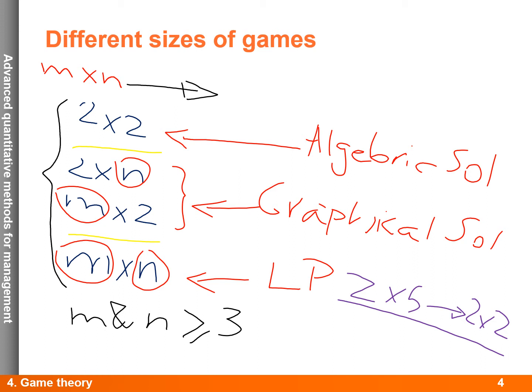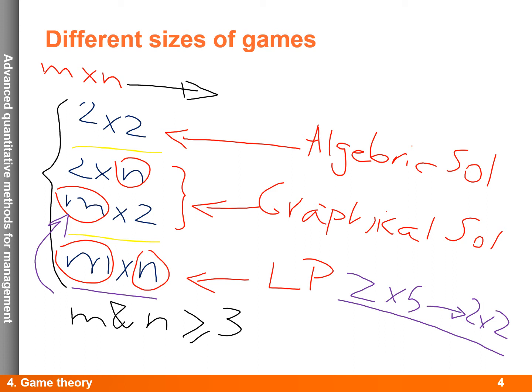For example, if I have a game m multiplied by n, and I apply dominated strategies and change this 3 multiplied by 3 to 3 by 2, it converts to something like m multiplied by 2. So instead of using linear programming, I can apply a graphical solution.